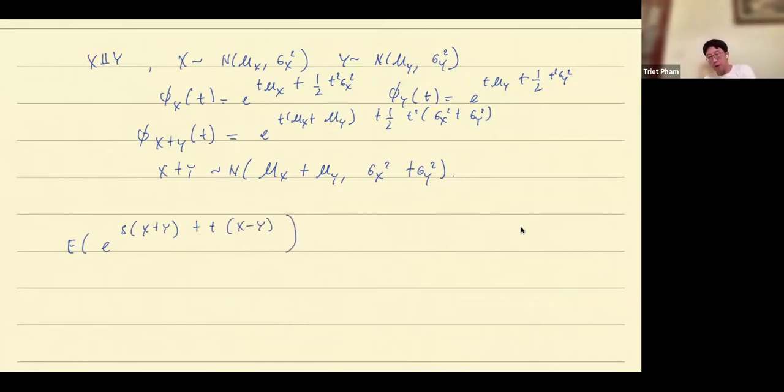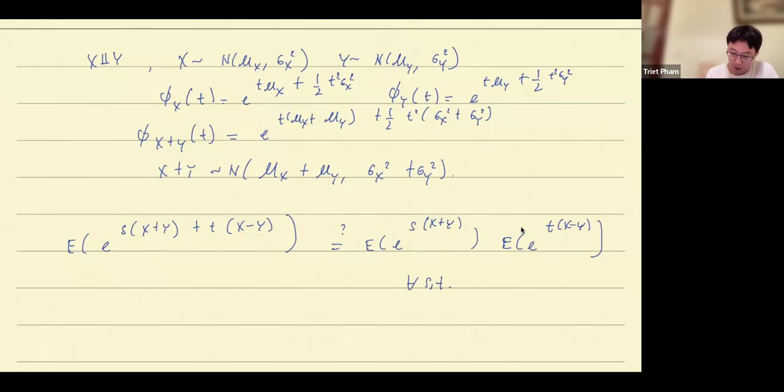And see that it splits into expectation of e to the s times (X plus Y) times expectation of e to the t times (X minus Y) for all s and t. If this works, then X plus Y and X minus Y are independent.